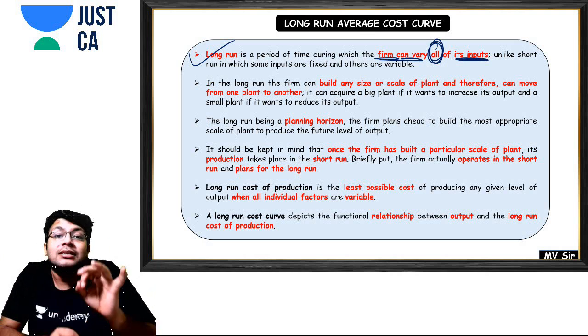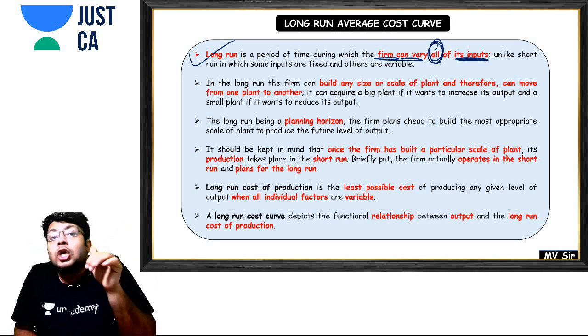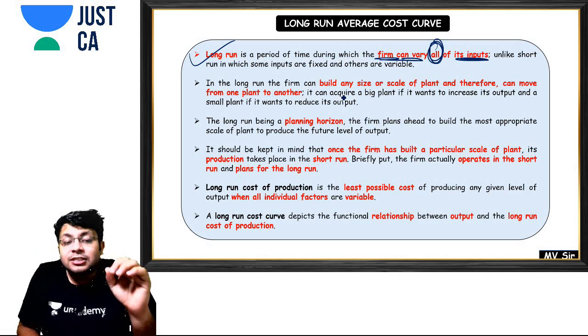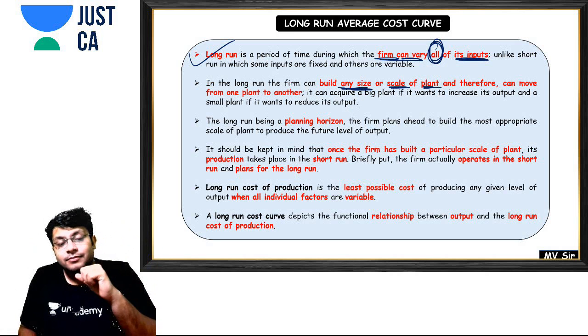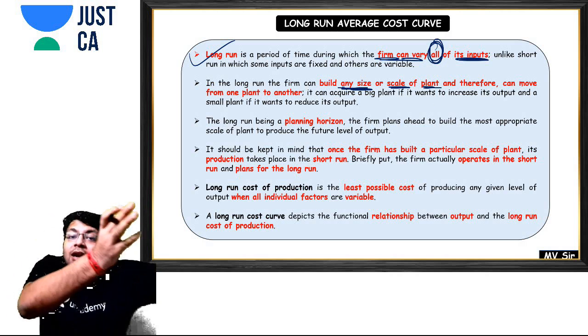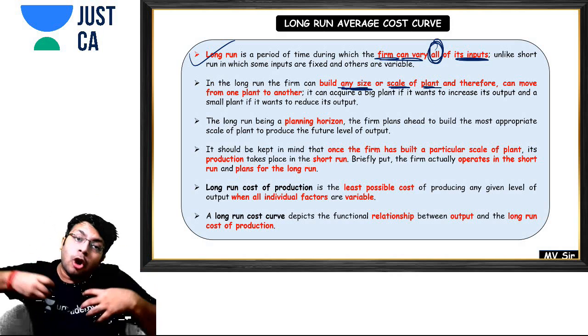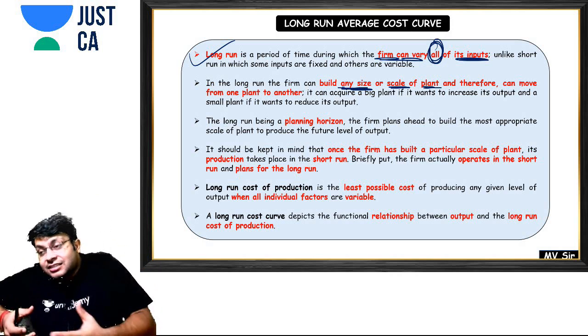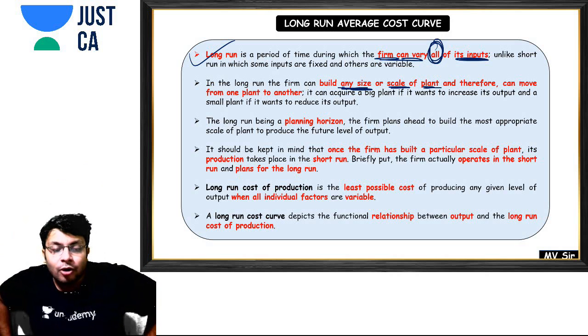He does all this in the long run. So in the long run, what can he do? He can build any size or scale of plant, and therefore he can move from one plant size to another plant size in the long run. It will depend on the entrepreneur whether he wants to increase or decrease his plant size. Are you getting my point or not?